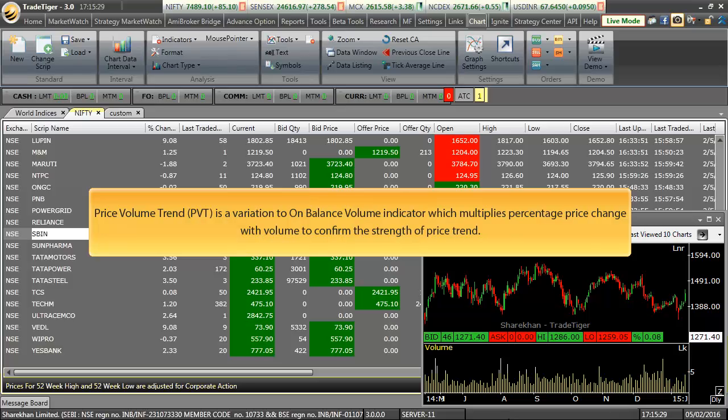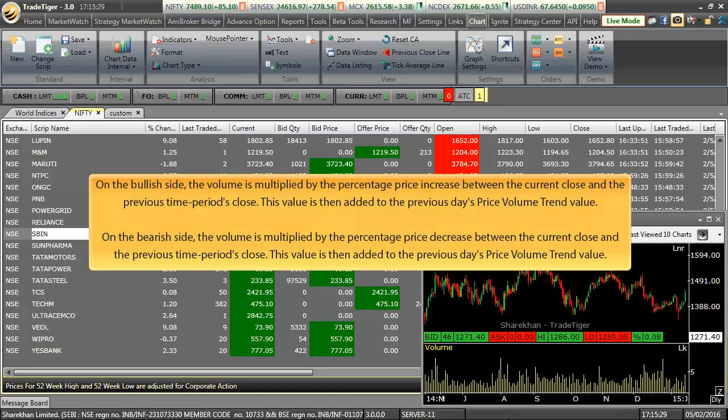Price volume trend is just another variation of the on balance volume indicator with just a bit of difference in the calculation methods. Price volume trend multiplies percentage price change with volume to confirm the strength of the price trend. On the bullish side, the volume is multiplied by the percentage price increase between the current close and the previous time period's close.